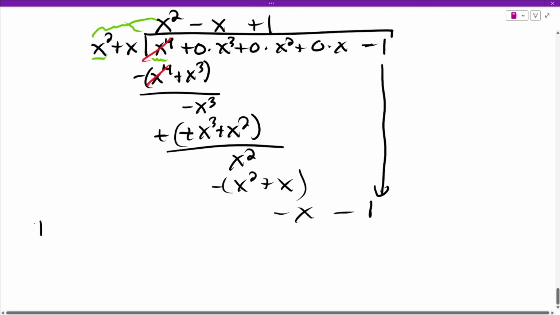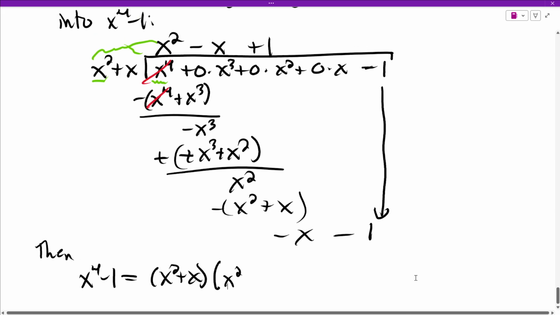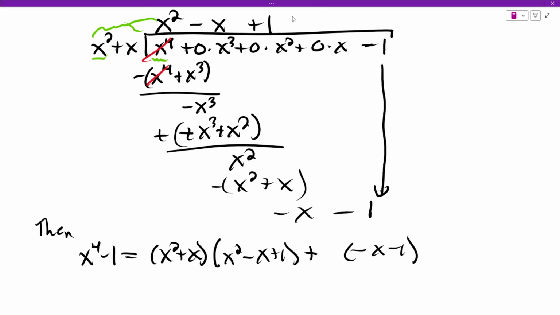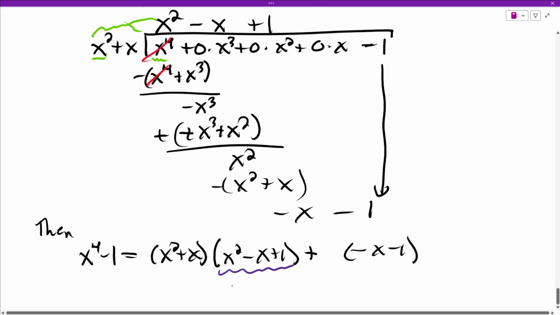We've learned that when we divide x to the fourth minus 1 by x squared plus x, the quotient is x squared minus x plus 1, and then the remainder is negative x minus 1. So here's our quotient, and here's our remainder.